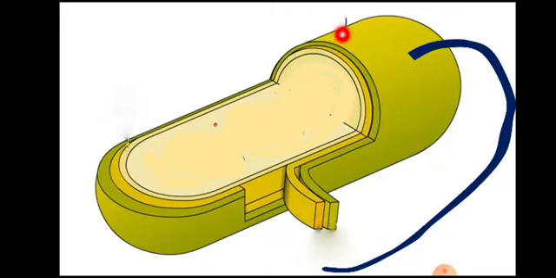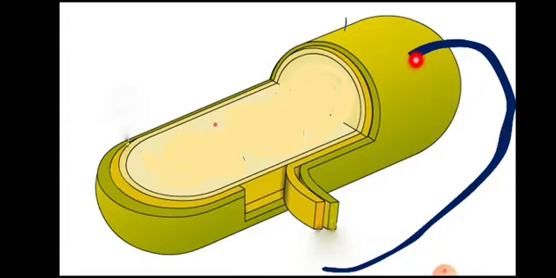Then some bacteria have these types of small appendages. You can compare the length and size of this with the size of the flagellum. Flagellum is approximately 50 to 100 times longer than the length of the bacterium.